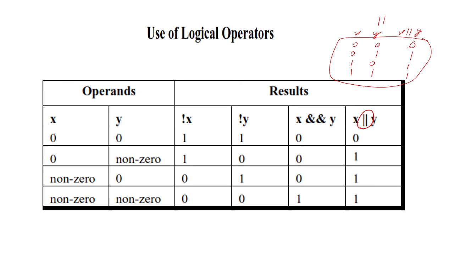It will have the values 0, 1, 1, 1, where I am taking non-zero as a 1 value. So you can say it is non-zero, non-zero, non-zero, so it will be a non-zero value, meaning one value.